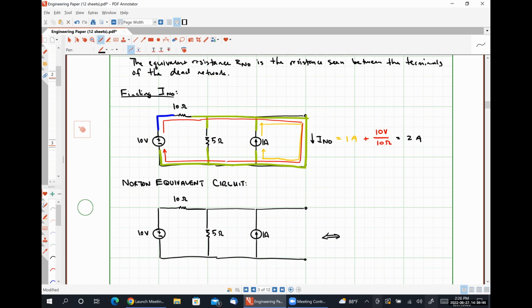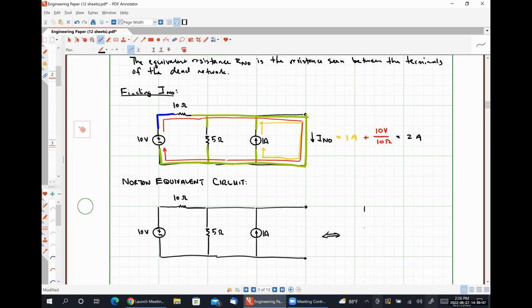Our original circuit will be electrically equivalent to a 2 amp source in parallel with a 10/3 ohm resistor. Okay.